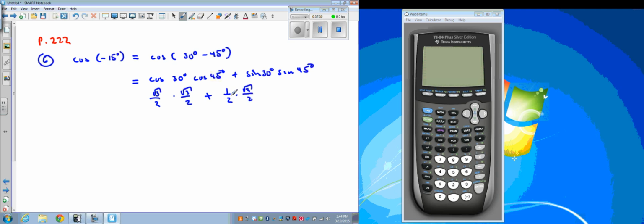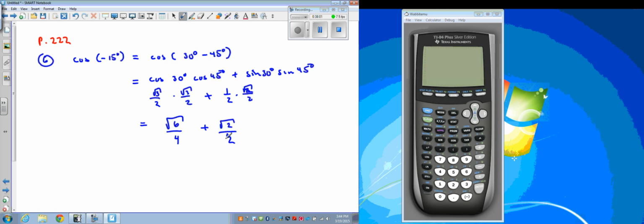See, that's what they want you to do, is figure it out in terms of values that you know. Push all those together. So this is going to be, I multiply those two, that's the square root of 6 over 4, plus the square root of 3 over, this is actually a 2, square root of 2 over 2, over 4.